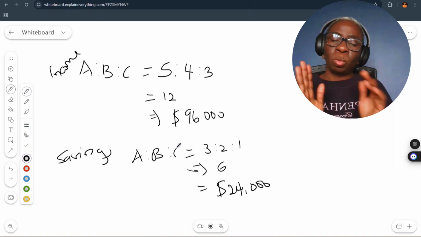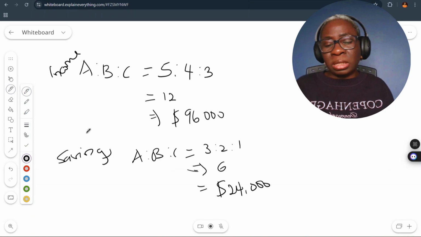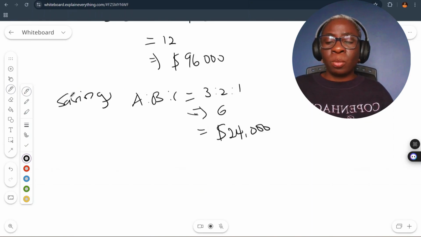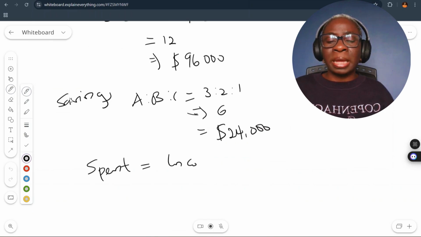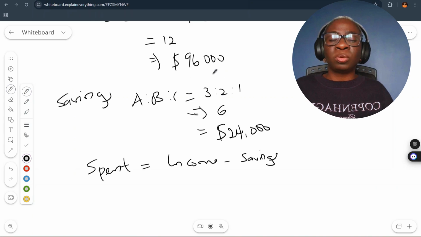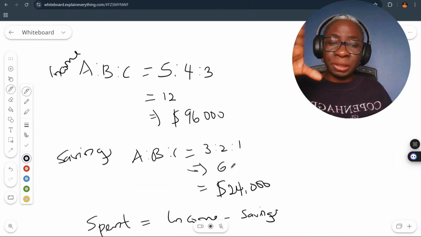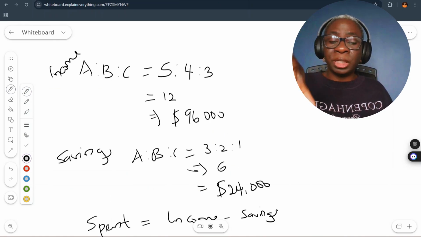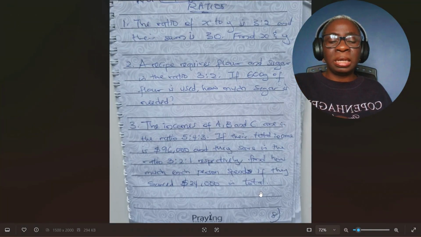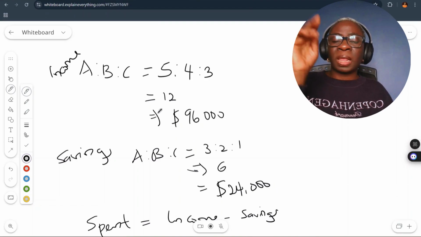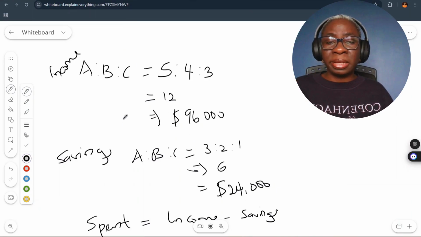We know their income, we know their savings, and what they spend will be equal to their income minus their savings. So all we need to do is find the income for each person, find the savings for each person, then subtract for each person, and then we get the spending. Now let's find the income of A.